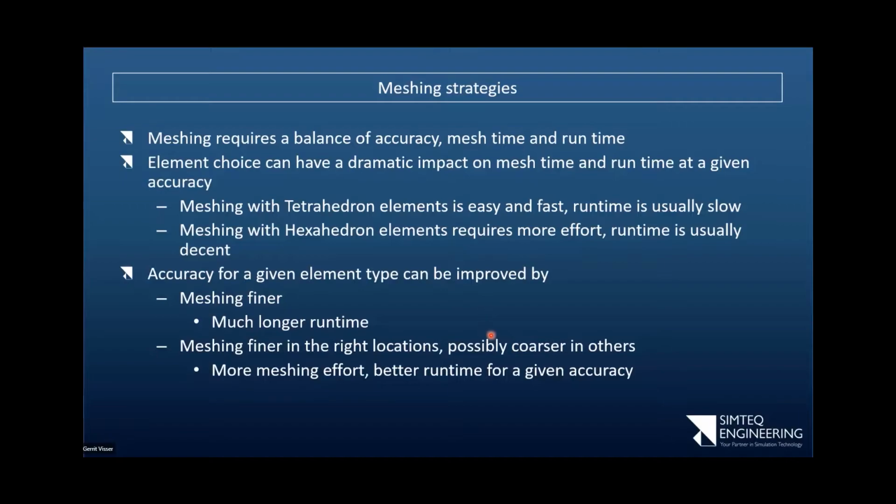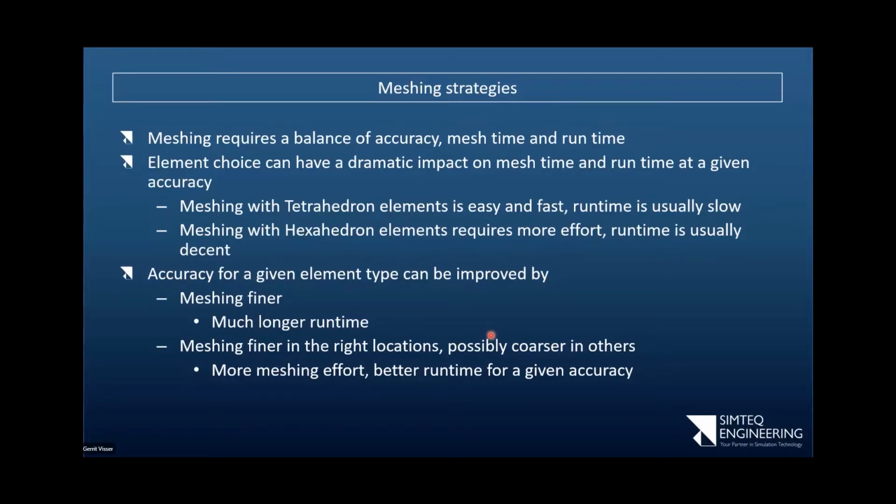Okay, so if I've got an analysis and I've already picked my element type and I'm happy, but now I want to improve my accuracy, the only thing I can then do if I want to keep that same element is mesh finer. So if I halve the mesh size for, let's say, a quad mesh, I end up with 4 times as many elements, meaning it will run at least 4 times, probably 6 or 7 times longer.